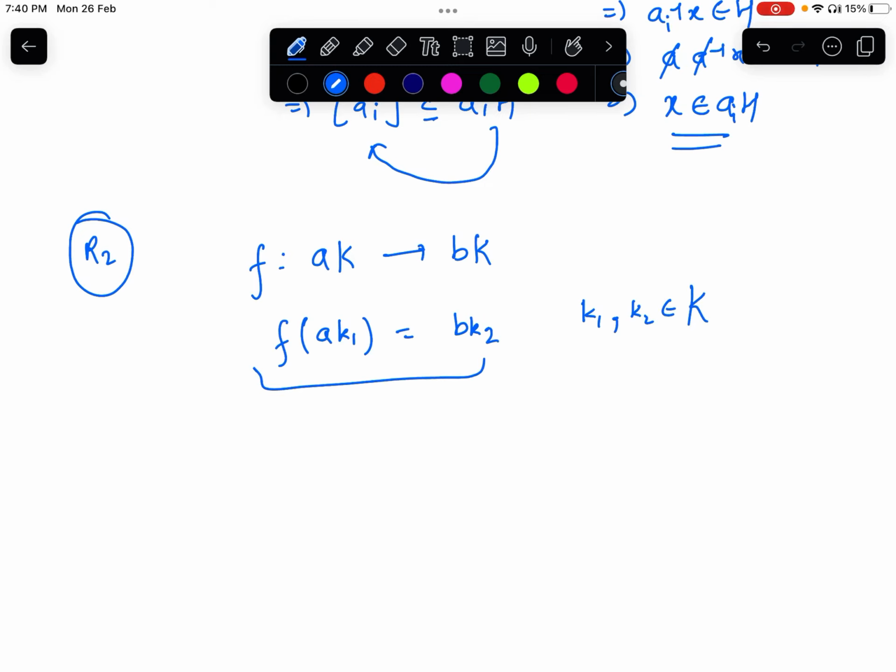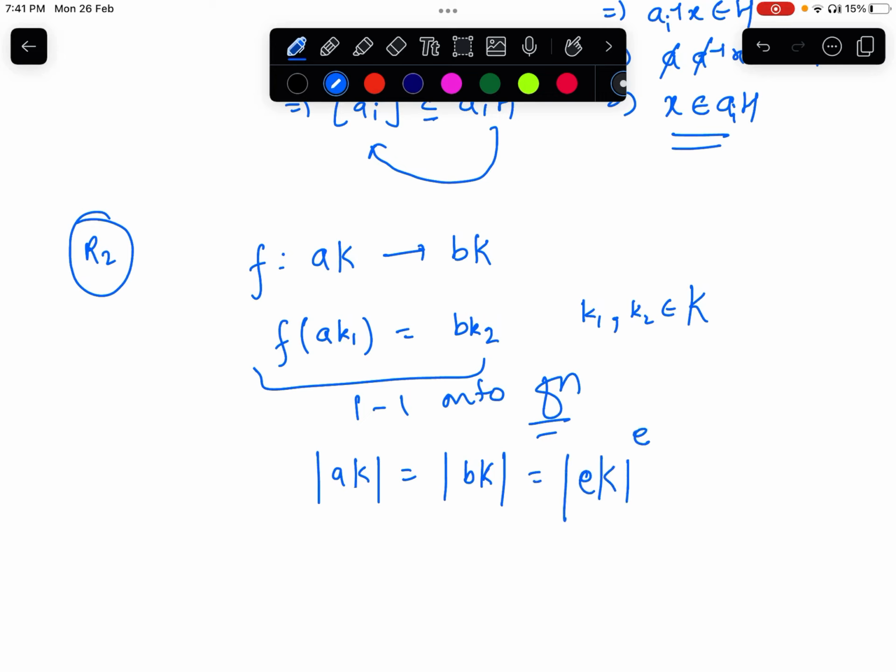This is a one-one onto function. Easily it can be proved. That implies the cardinality of aK is equal to the cardinality of bK. And when a or b is equal to identity, then it will be equal to eK, that is K.